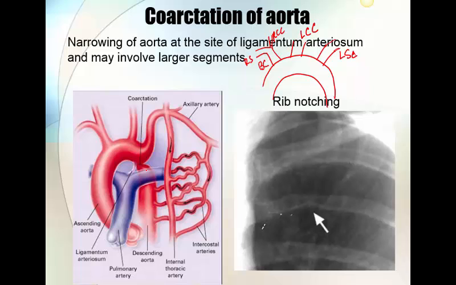In fetal life, there's this artery, the pulmonary artery, which you can see here. So if I draw the pulmonary artery up here, this pulmonary artery in fetal life is connected by an arterial duct, which is called ductus arteriosus, because the lungs are not functioning.